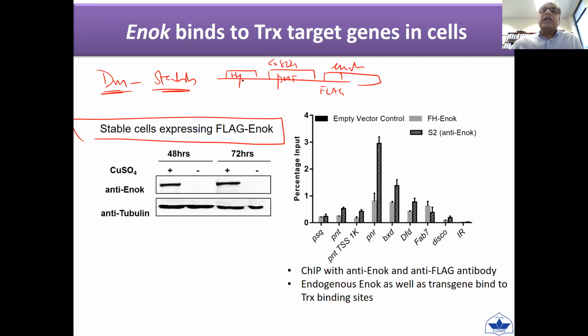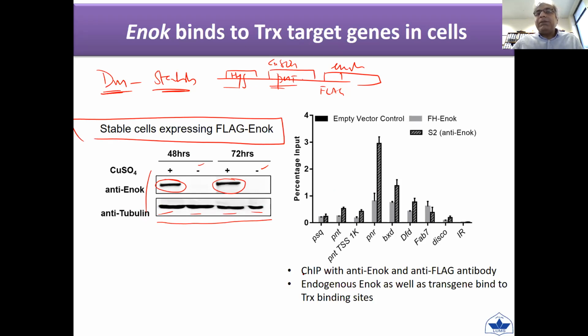And this cell line was selected on hygromycin. Now, after adding copper sulfate, you can see on the Western blot, ENOC is beautifully expressed at 48 to 72 hours, and tubulin is used as a control to show equal loading of proteins in these lanes.